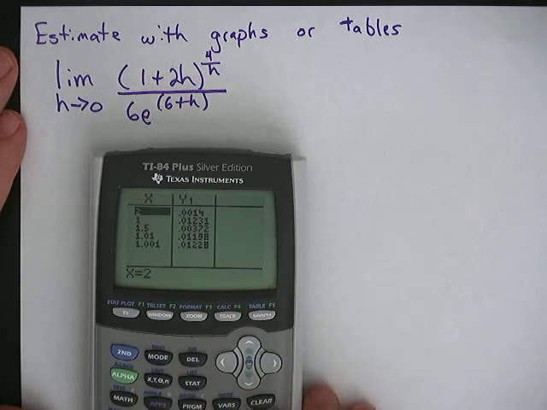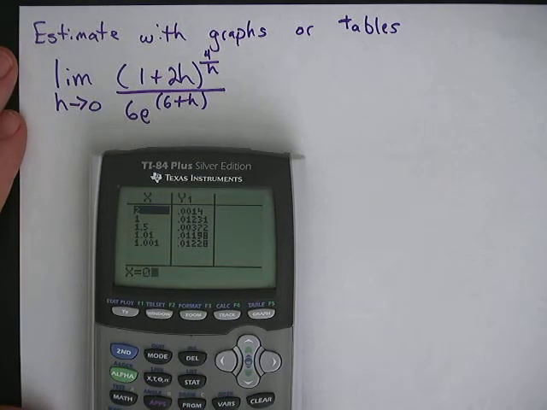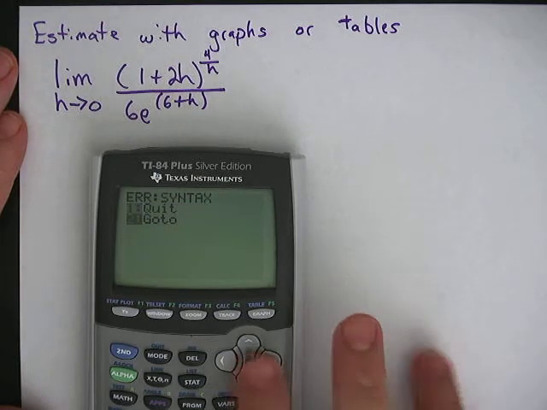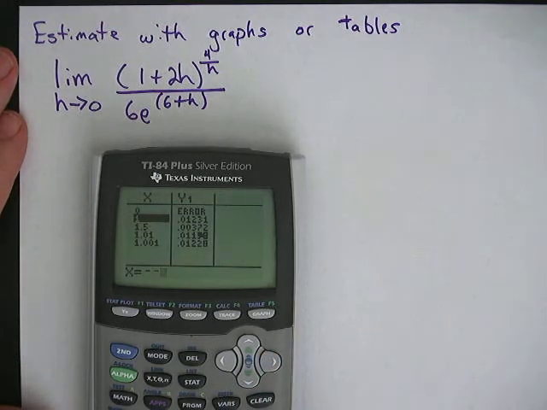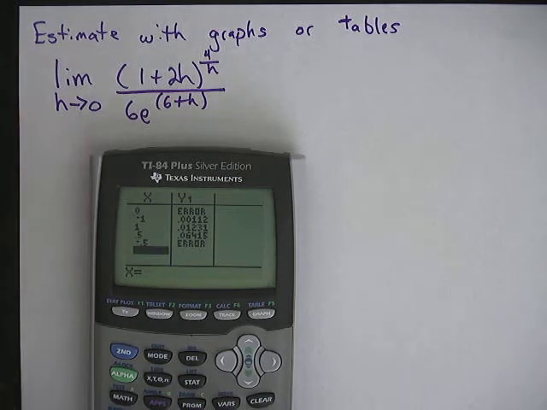Looks like I've got some values in there already, but that's okay. We're looking around 0, so let's type in 0, maybe -1, 1, maybe 0.5, -0.5. Okay, that gives us some values on either side.